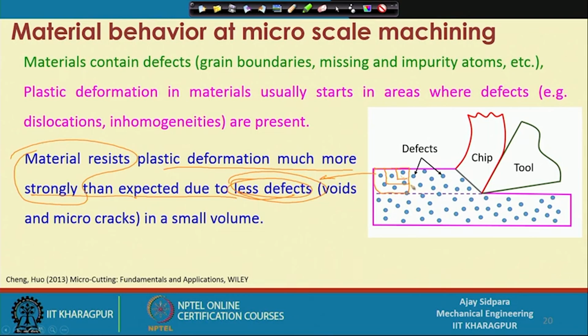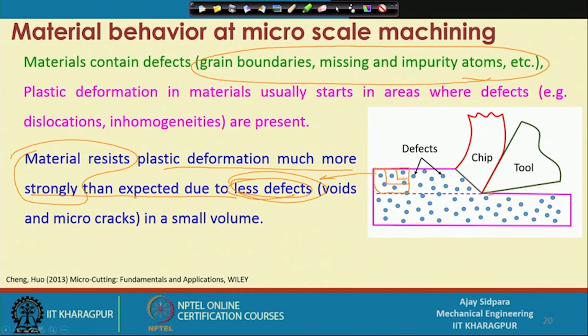When you cut the material at this level, you have to find some way by which your material removal will be very easy. But that is not going to happen, because as you go down and down in the material removal, the defect levels are very small, and because of that, material removal will become very difficult.